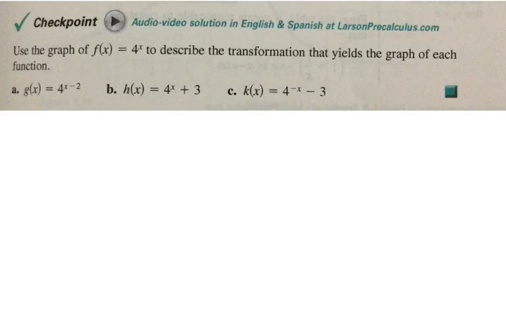Negative is being a reflection over the y-axis, right? I'm changing the signs of all my x's. That was a reflection.